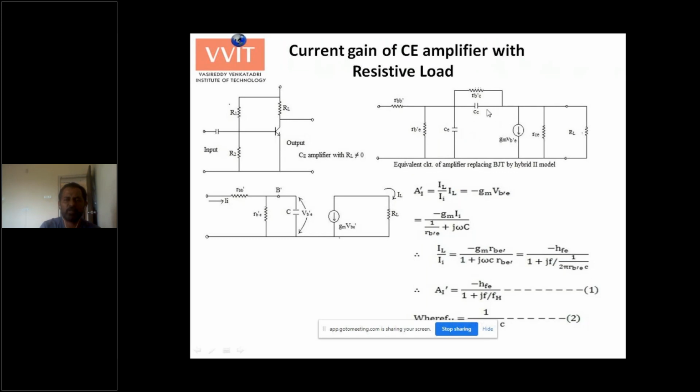So we need to remove them, because this is the input node and this is the output node, and in between them you have these two parameters. There is a popular theorem known as Miller's theorem. You have to use Miller's theorem to remove them from between the input node and output node.